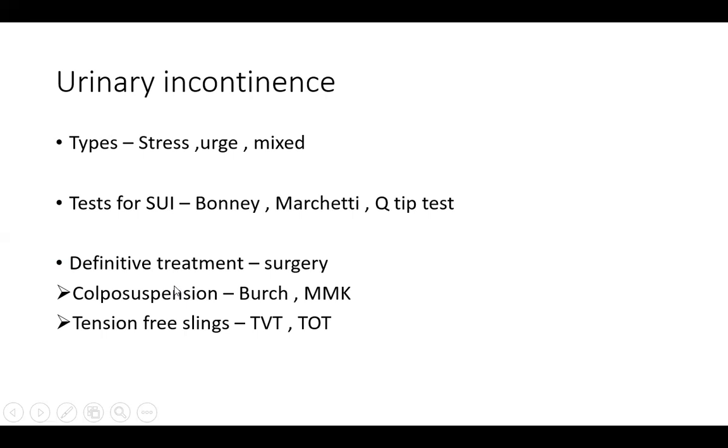Various surgeries available for it are colposuspension and tension free slings. Among colposuspension, you should know Burch colposuspension and MMK, Marshall-Marchetti-Krantz surgery. Next are tension free slings, which are transvaginal tape and transobturator tape.